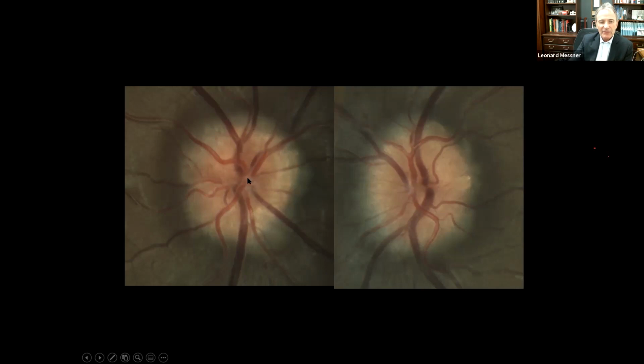We see that there are very, very tiny central cups in this case. We also see that there appears to be pretty good color. And then particularly here in the left eye, you can see peeking through here at about the 2:30 o'clock position, a rock candy-like area that probably represents a locus of buried drusen.